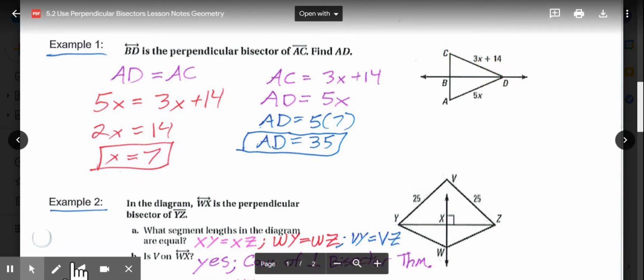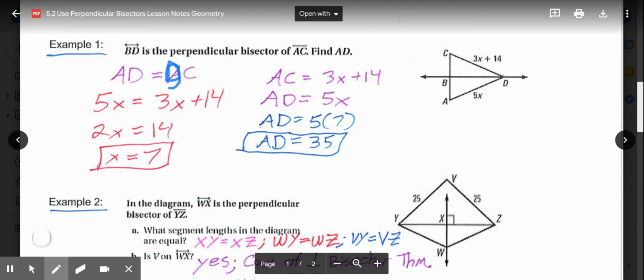So that shouldn't be an A, that should be a D. So fix that to be a DC. So we know AD is equal to DC because D is on the perpendicular bisector.